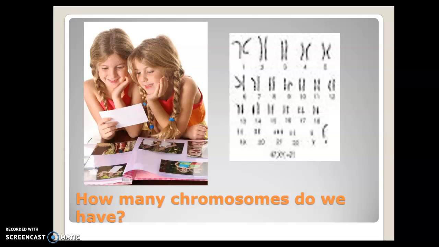We get these chromosomes from mom and dad, and they're in every cell in our body. The regular cells that comprise your skin, your hair, your nose, your larynx, your esophagus, are what's called somatic cells, and we'll get into that.